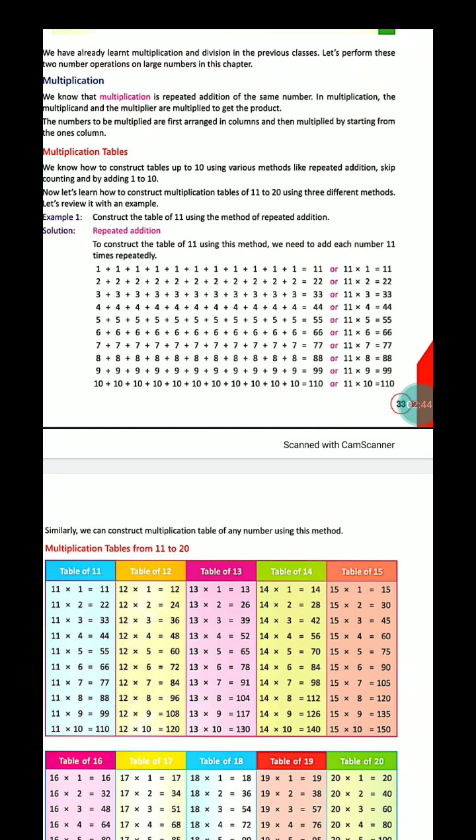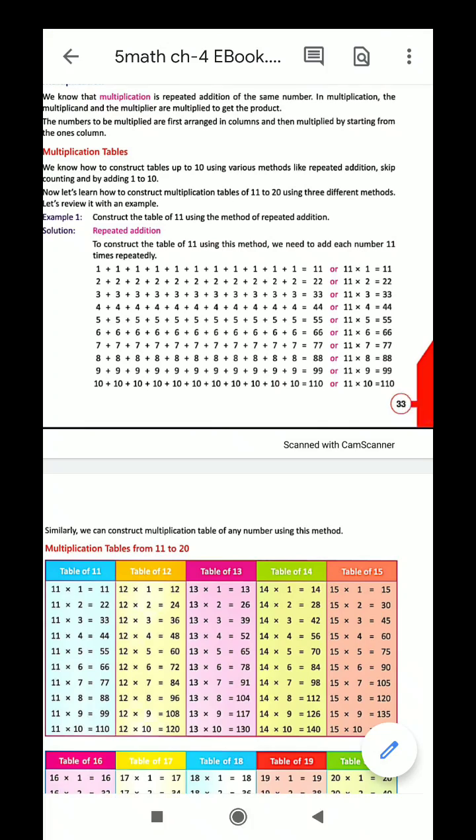To construct the table of 11 using this method, we need to add each number 11 times repeatedly. Suppose we are writing the table of 11. So we have to write 11 times 1. That means 1, 2, 3, 4, 5, 6, 7, 8, 9, 10, 11.